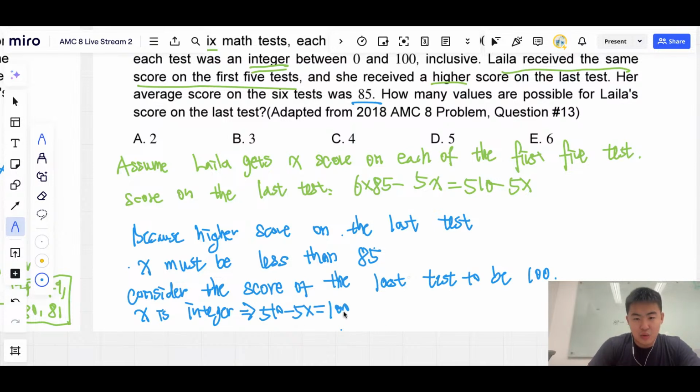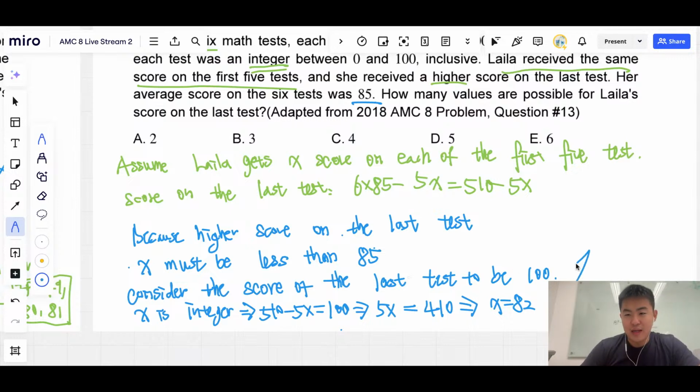So this is equivalent to saying that 5x is actually 410, right? So by doing this division, we get x equals 82. So this is actually going to give the lower bound. Why? Because we already have the upper bound to be strictly less than 85, meaning 85 is not included, and x should be larger than or equal to 82.